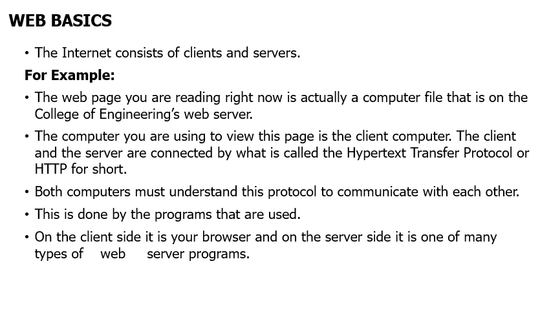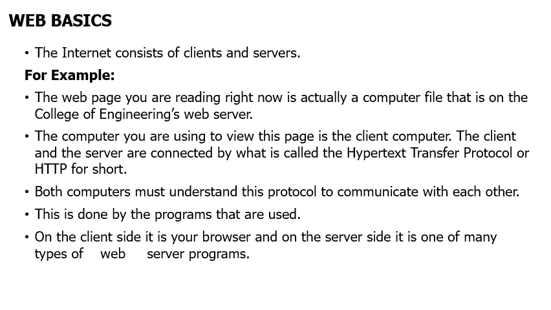The client and the server are connected by the hypertext transfer protocol, or in short HTTP. Both computers, the server and the client, must understand this protocol to communicate with each other. This is done by programs, which can be written in programming languages like C, C++, and so on.